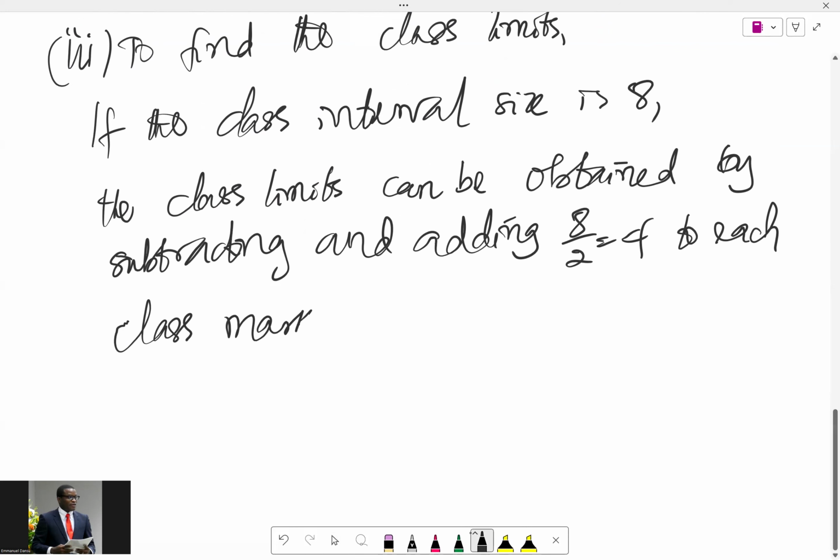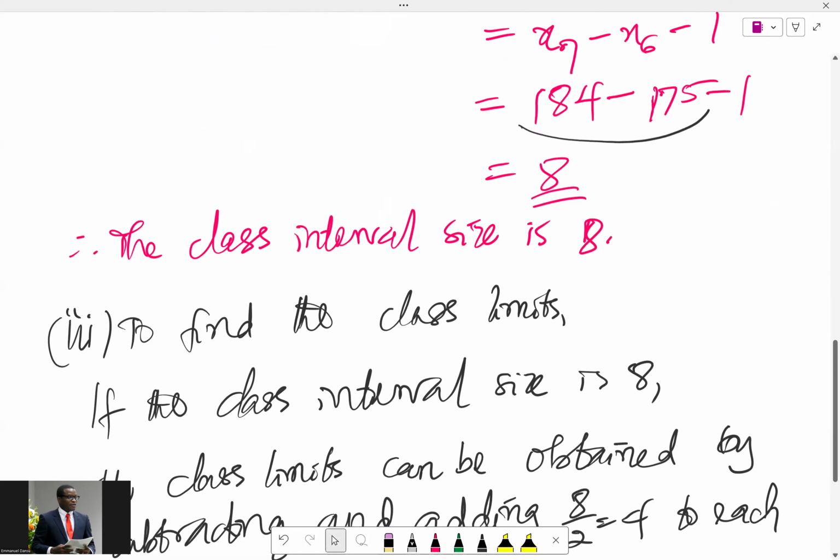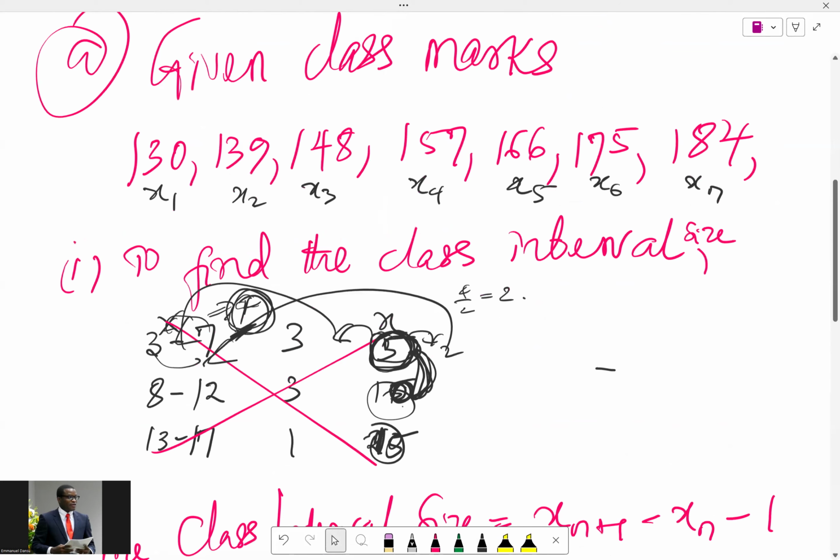So that means we have all the class marks 130 to 184, right?